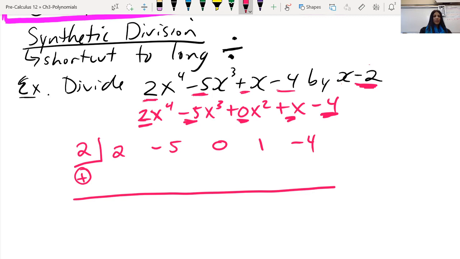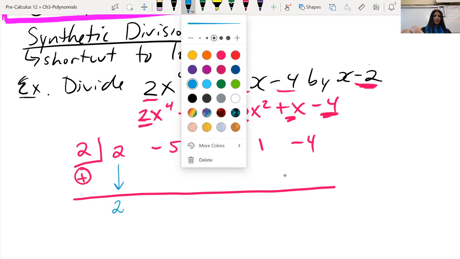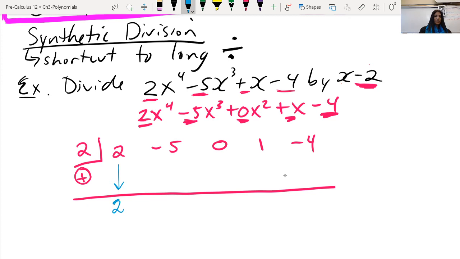So our first step in going through this is to bring down our first term here. We're going to bring down the 2, and we are going to multiply this by the number that's up there, and write it down here. So 2 times 2 gives us 4, and then I add them top to bottom.